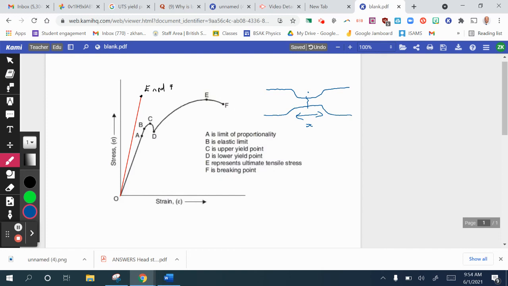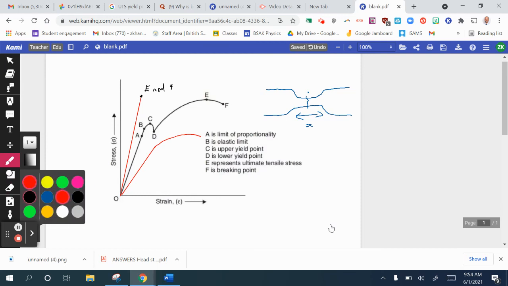But for a yield point, often you'll see graphs like this, easier ones. Let me get that right. To interpret, let's say it looks something like that, and then starts to curve like that. So you would say your yield point would be where it starts to flatten off, roughly around here.